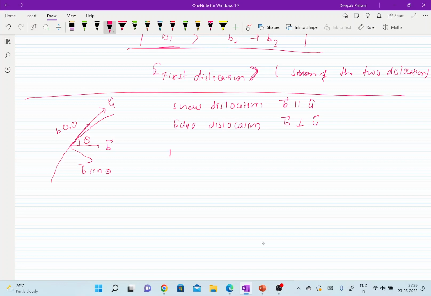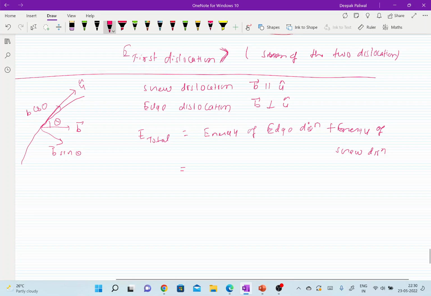So how can we write the total energy of such a mixed dislocation? Obviously it will be the sum of the energy associated with the screw dislocation and the energy associated with the edge dislocation. So let me write the energy of edge dislocation plus the energy of screw dislocation. How can I write the energy of the edge dislocation?